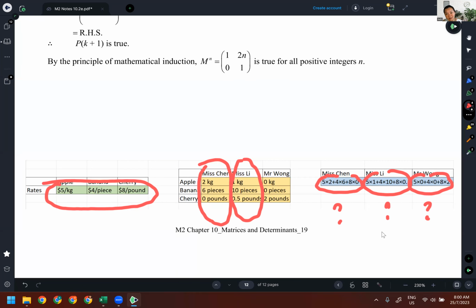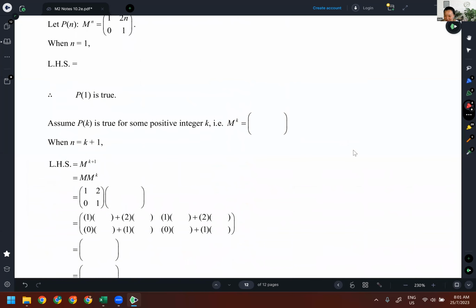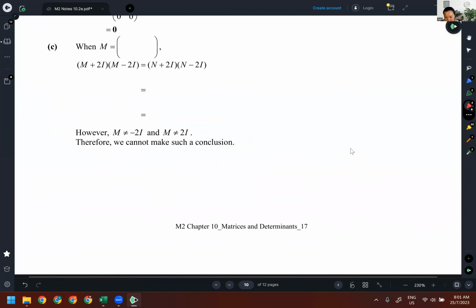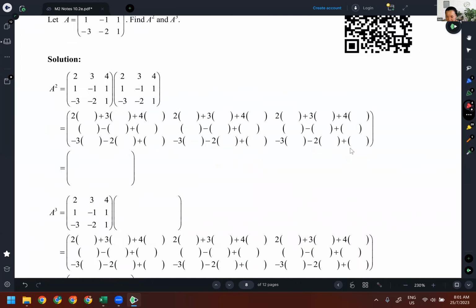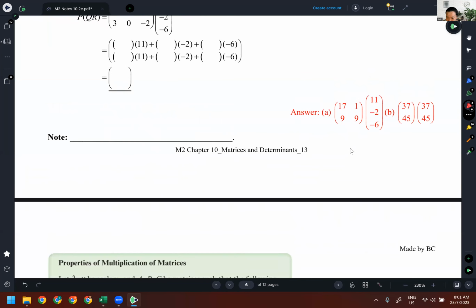This is just one of them, and this is very, very basic. In the future, you will learn how to use matrix to solve problems. Is that okay? So this is not imaginary. This whole thing, very complicated, but not ungrounded. It's based on something. Now, let's come back to the notes.